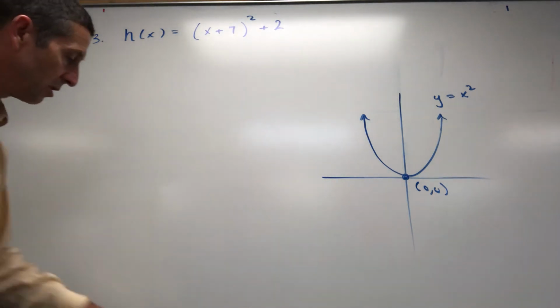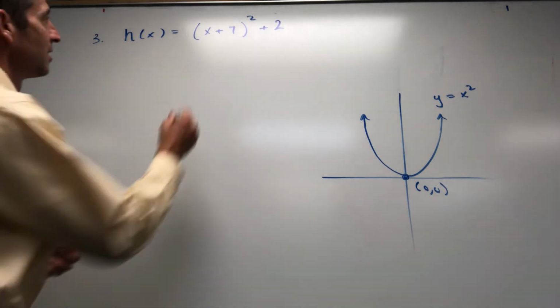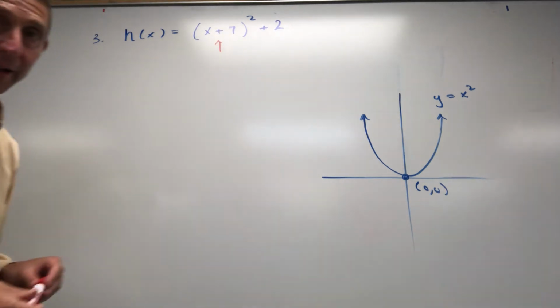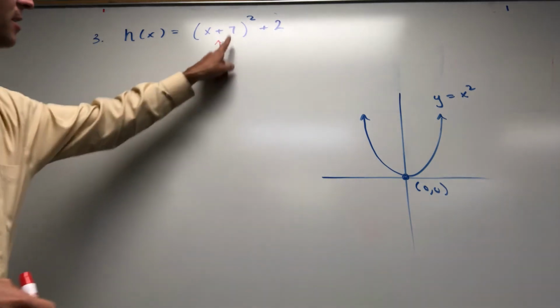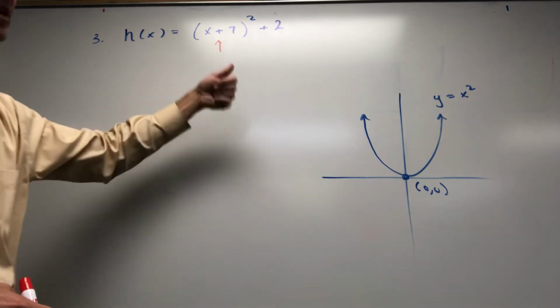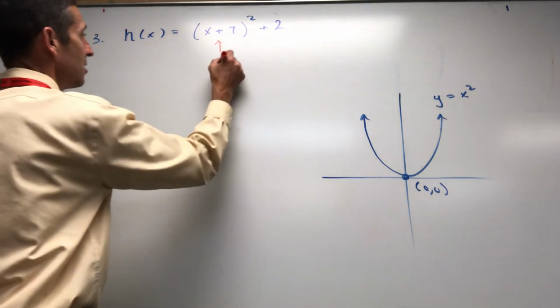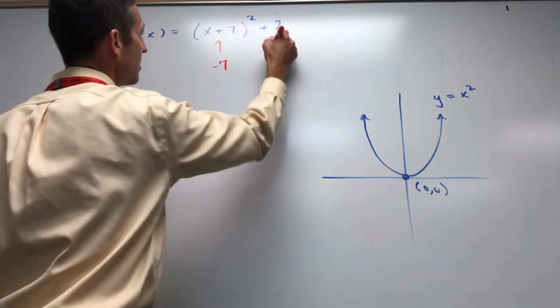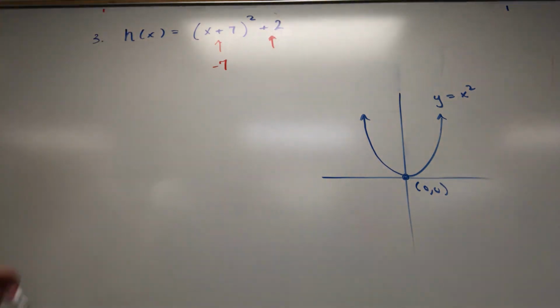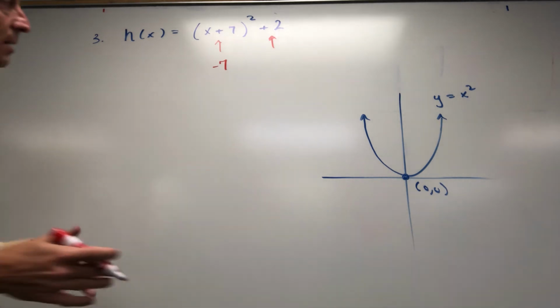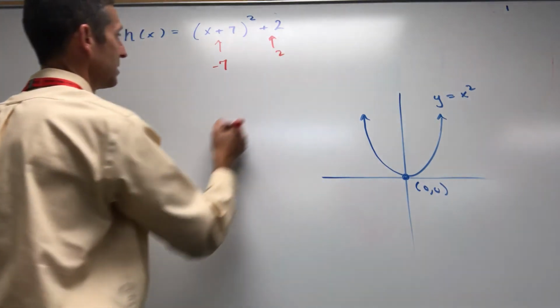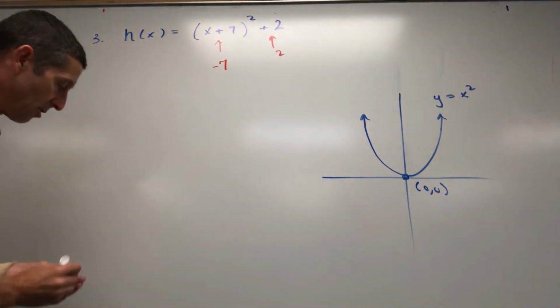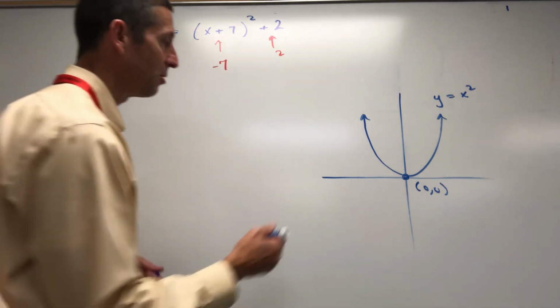All right, let's go to work on our function. I've got a number inside there. I always change its sign. So if it's positive 7, that means we're going left. So we're going to end up thinking that's negative 7. The one out here, that holds true. So if it's positive 2, that means we're going up 2. So that stays positive 2. So on our graph, wow, we got to come all the way over.